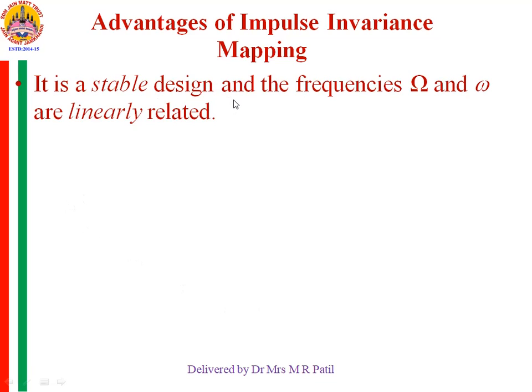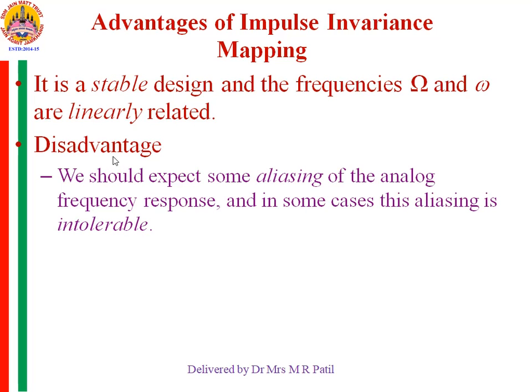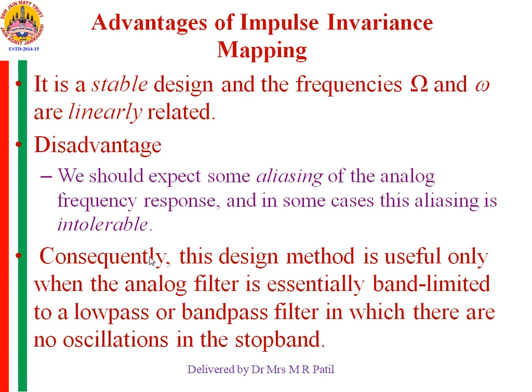It is a stable design and the frequencies Omega and omega are linearly related. But what is the disadvantage of this? We should expect some aliasing of the analog frequency response, and in some cases this aliasing is intolerable.